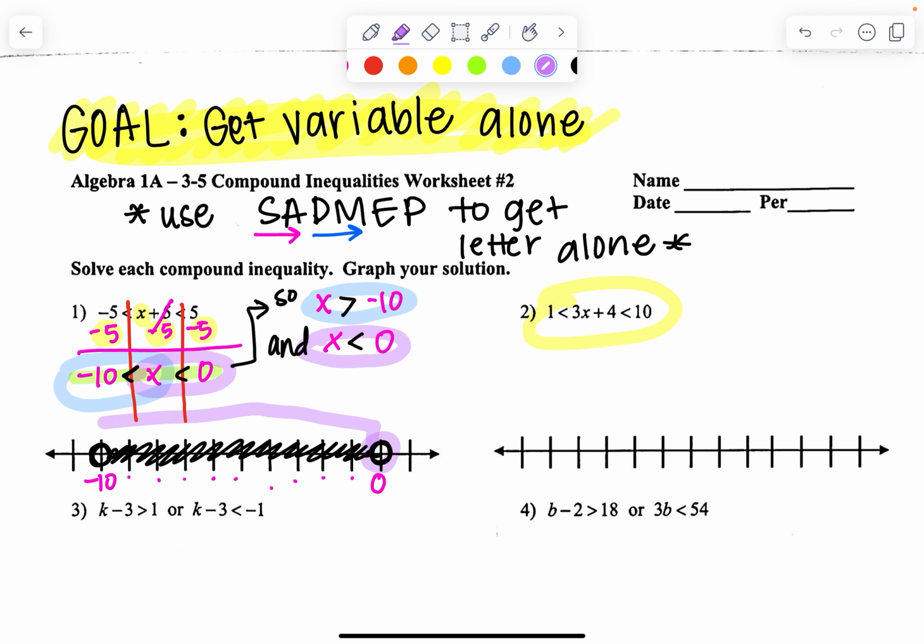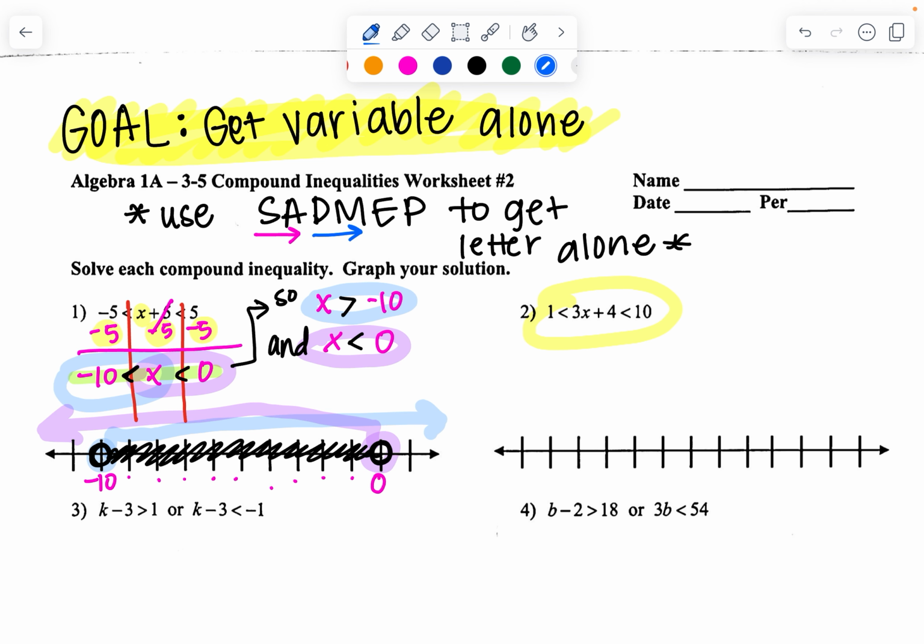And x is less than 0 is going to the left, open circle at 0, and x is bigger than -10 is on the right. And remember, we only want the overlap, so that's why in my graph you only see the two open circles and the shaded region between them. I don't want where it's just purple or just blue. I want it just where the overlap of the two are. So let's move on to problem number 2.